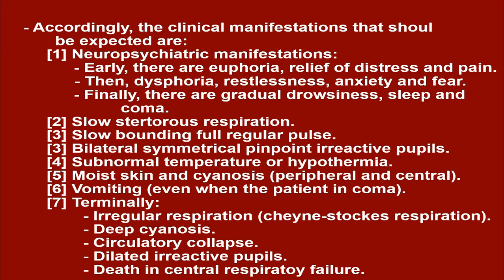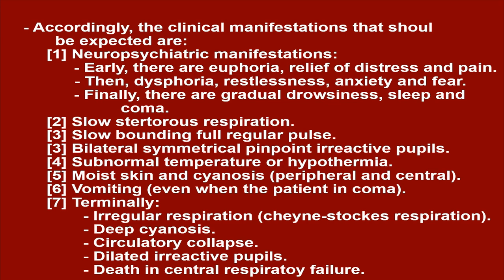It has slow, tortuous respiration, slow pounding regular pulse early, then later there will be bradycardia and irregular weak pulse. There are bilateral symmetrical pinpoint pupils reactive to light, subnormal temperature or hypothermia, moist skin, and cyanosis peripherally and centrally, vomiting even when the patient is in coma.